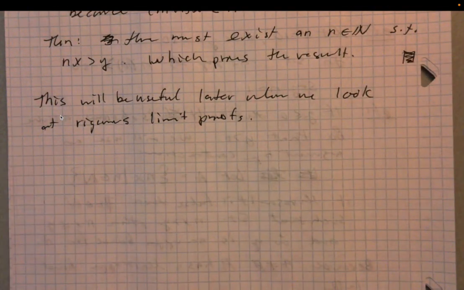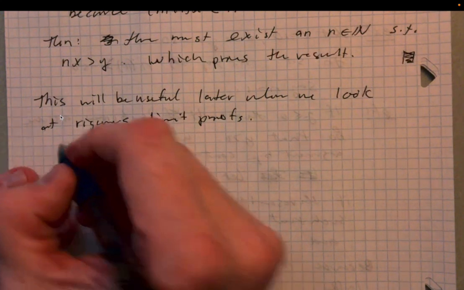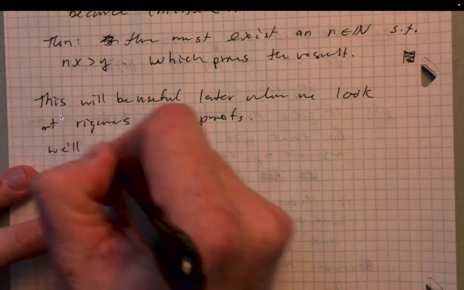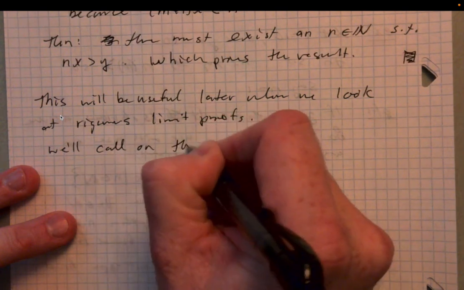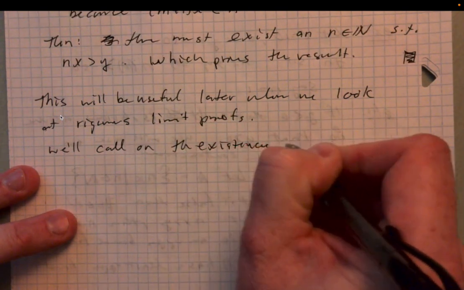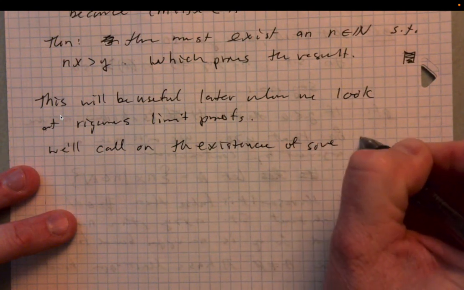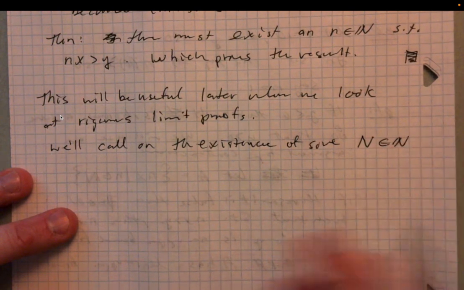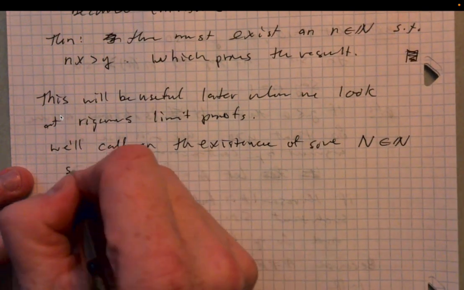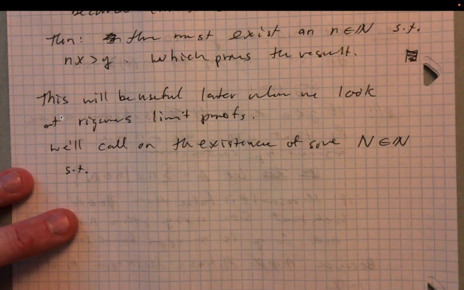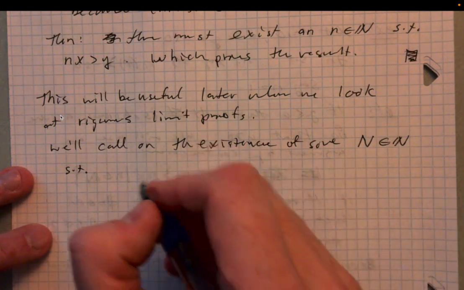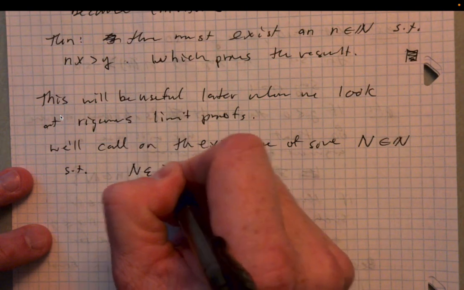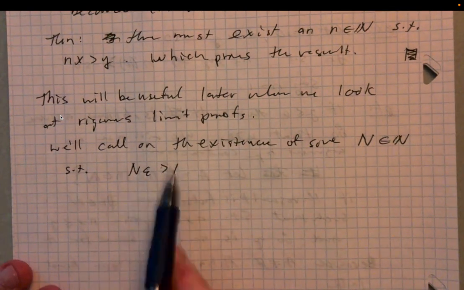What we'll do is often call on the existence of some positive integer, some n in the natural numbers, such that, and it'll come up in a variety of ways, but we might say things like n epsilon is greater than 1, for example, which is just the Archimedean property.